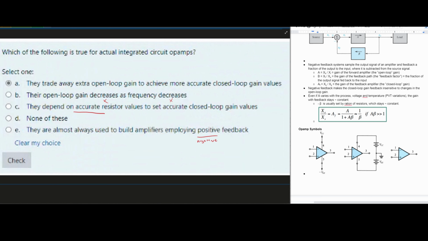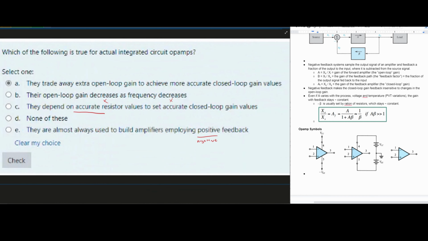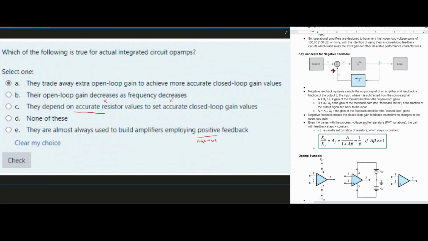And now when we look at A, we see that they trade away extra open loop gain to achieve more accurate closed loop gain values. Previously we had another similar question where it says they trade away closed loop gain to achieve more accurate open loop gain values. Now for this one, they trade open loop gain, which is what we're doing as we go through here.